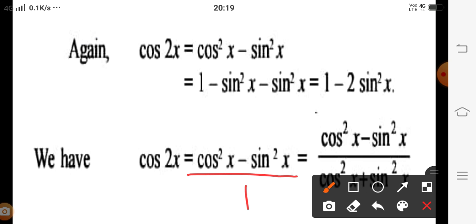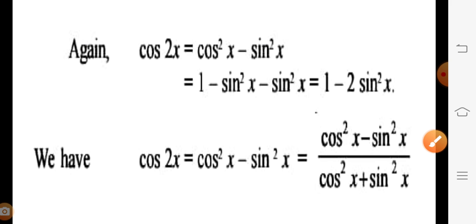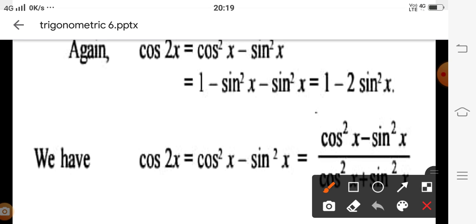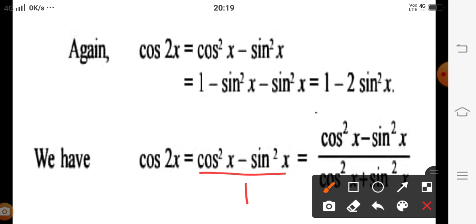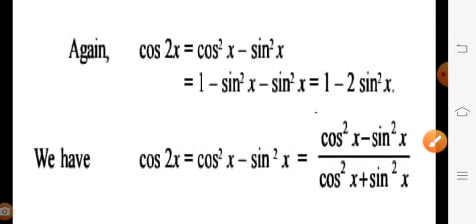And we know the relation between the sin and cos. Sin square x plus cos square x is equal to 1. The same here we are using. In the denominator, in place of 1 I am substituting cos square x plus sin square x. Then what we needed, we need all the values in terms of tan x, and tan x is sin upon cos.